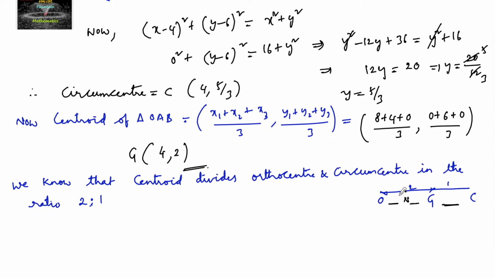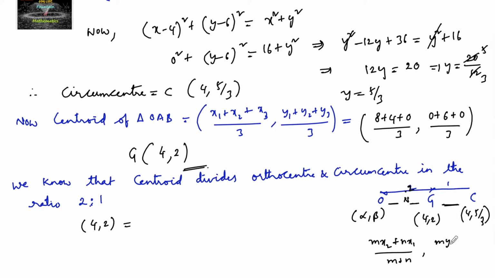Okay. Now let us find the orthocenter by using this. So let the orthocenter be (alpha, beta), and the centroid is known (4, 2), and the circumcenter is known (4, 5/3). And now by using the section formula, the ratio is given 2:1. So we can write (4, 2) is equal to ((m x2 plus n x1) upon (m plus n), (m y2 plus n y1) upon (m plus n)).